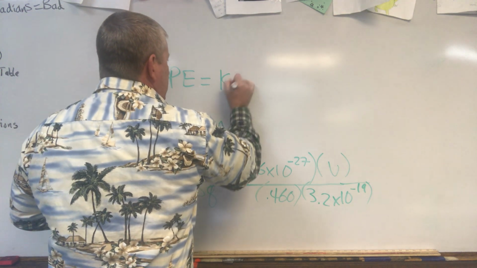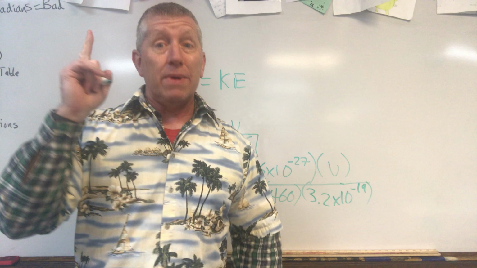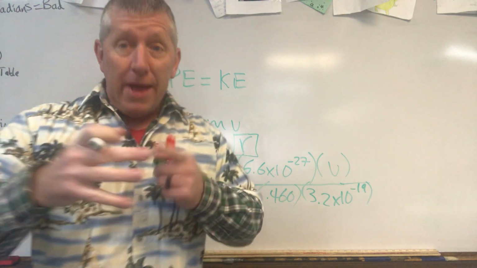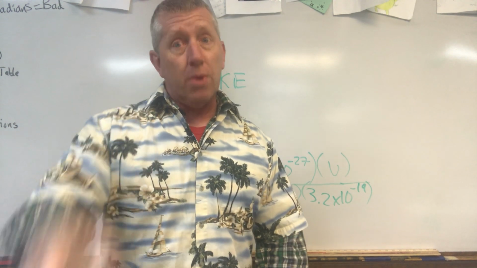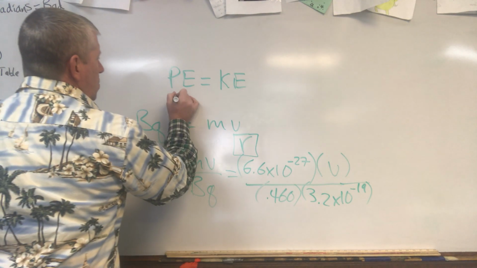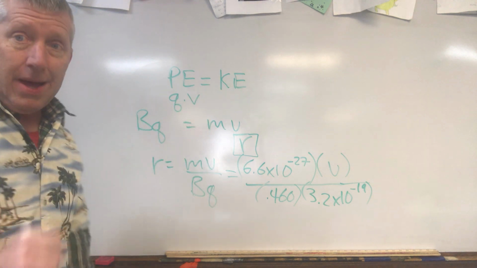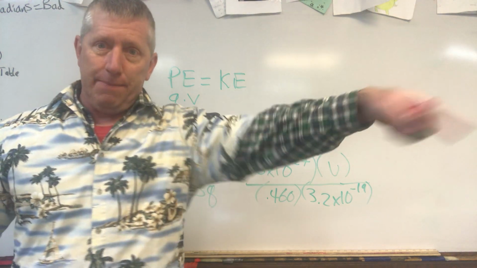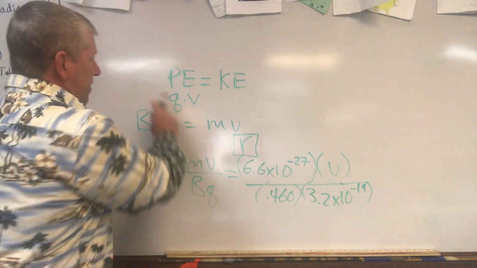So this is kinetic energy. Now, potential energy, we all remember, going back to electric potential energy unit on electrostatics, we remember that potential energy is equal to Q times V. Go ahead, look on your sheet. This is electric potential energy.